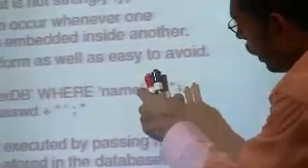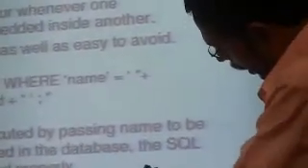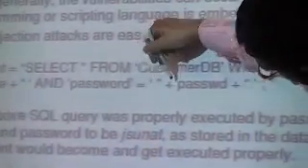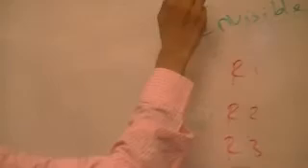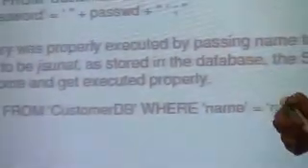Whenever a user enters the username, it is captured and added to this. So NATJSU, and I end this with a single quote, and then password equals, again I have a single quote, and whatever the user entered, I end it with a single quote. So this PASSWD will be simply entered by the user as this. So now the single quotes get appended from the query that you have there.